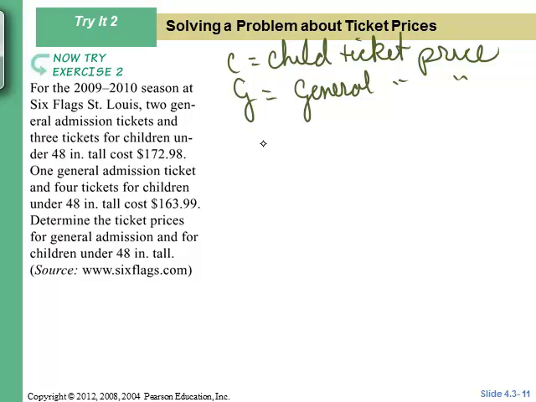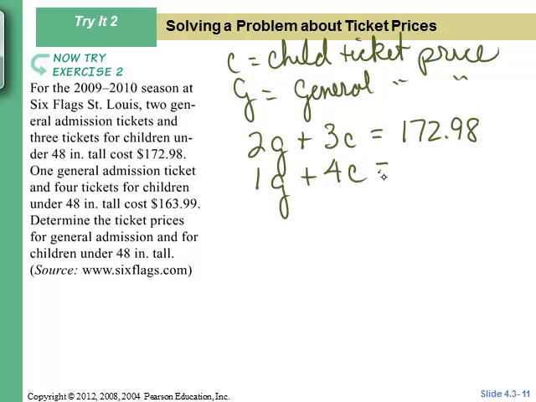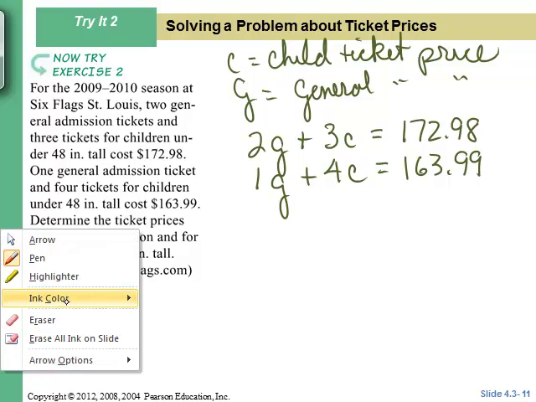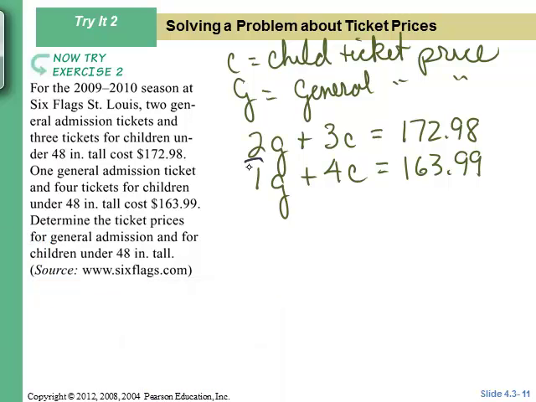Okay, 2 general plus 3 child equals $172.98. 1 general plus 4 children equals $163.99. Let's multiply the second equation by -2, and that'll eliminate the general.